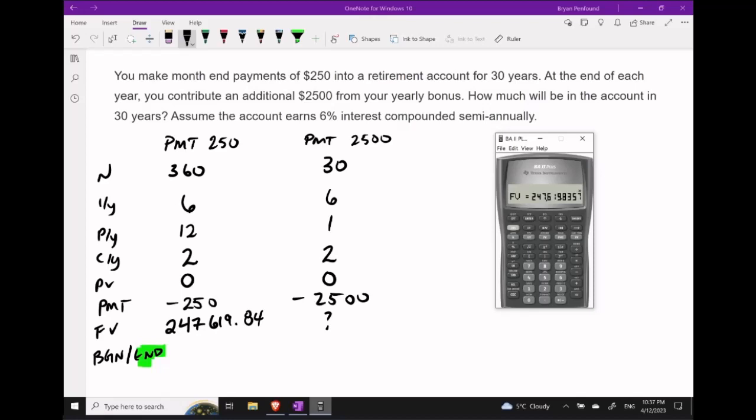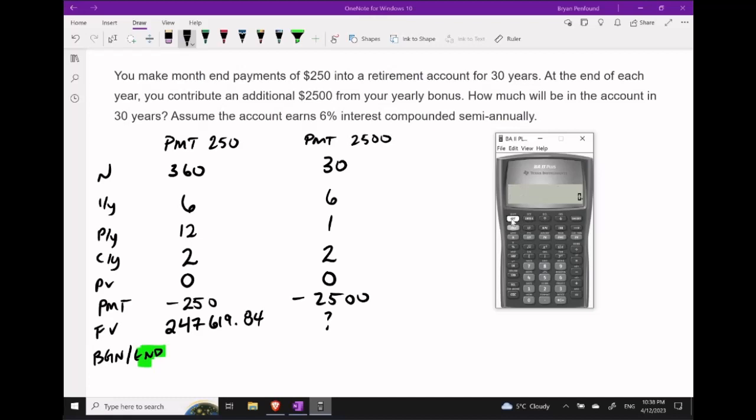So let's go back and update some of the information for our second column, which deals with the payments of $2,500. Here we need to update n to be equal to 30. Our interest rate stays the same. However, we do need to go into the submenu. In this case, PY needs to be updated to 1, and then I'm going to scroll down and just make sure that CY gets back to 2.